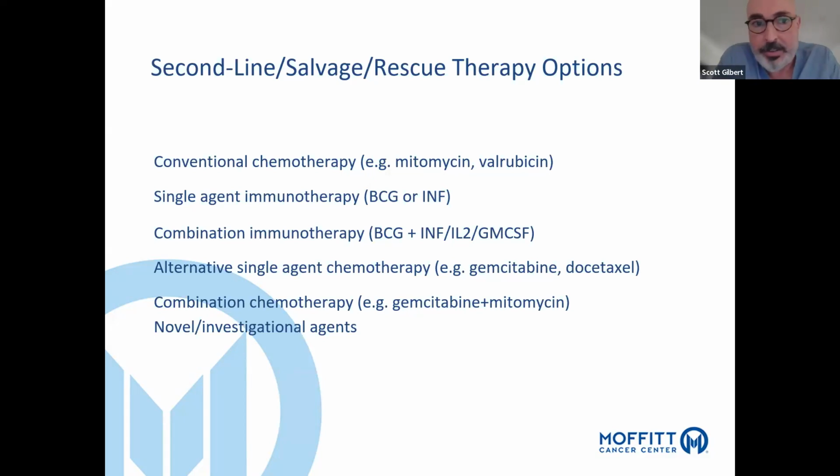So there are second-line and salvage rescue therapy options that we have been using more and more in recent years, particularly since some of these patients will come in at advanced age or with significant comorbidities. And in addition to having a personal preference against having their bladder out, they just are not great surgical candidates or have significant concerns.